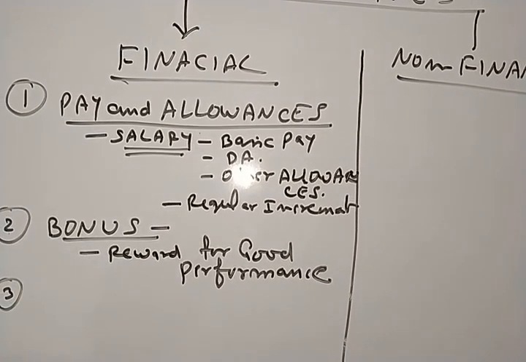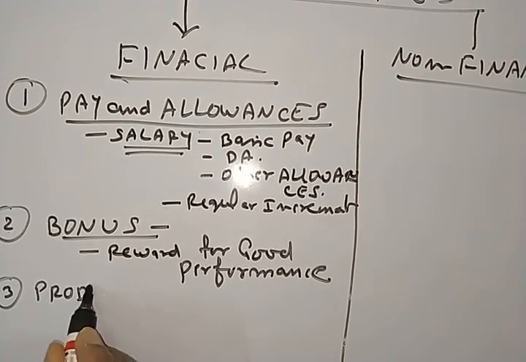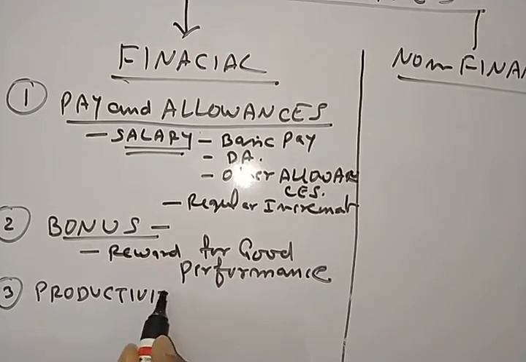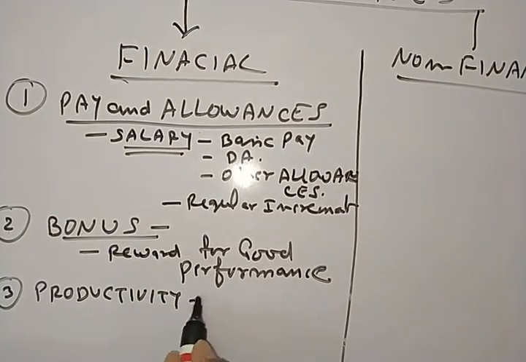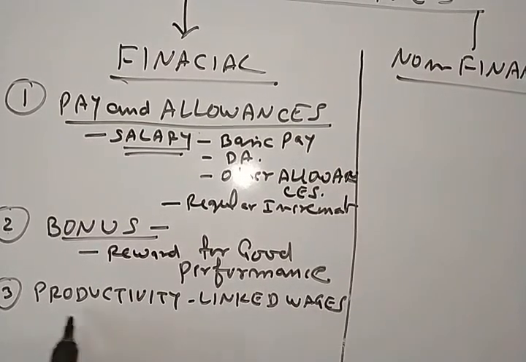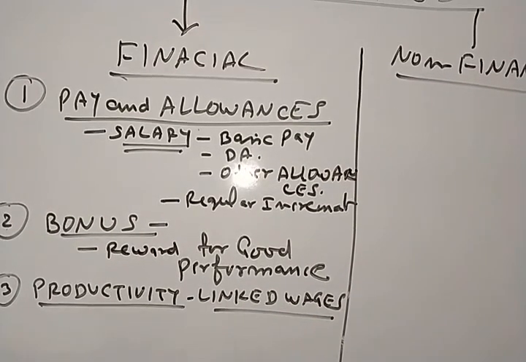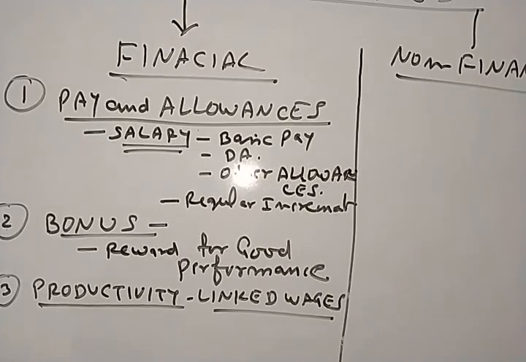Next point is productivity linked wages. Several wage incentives aim at linking payment of wages to increase in productivity at individual or group level.